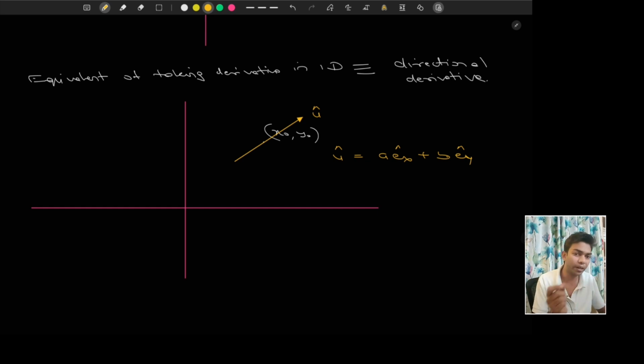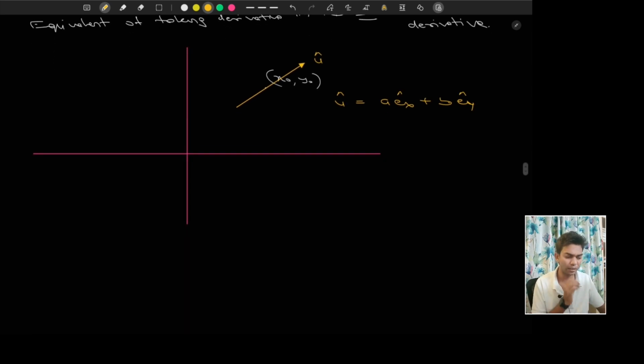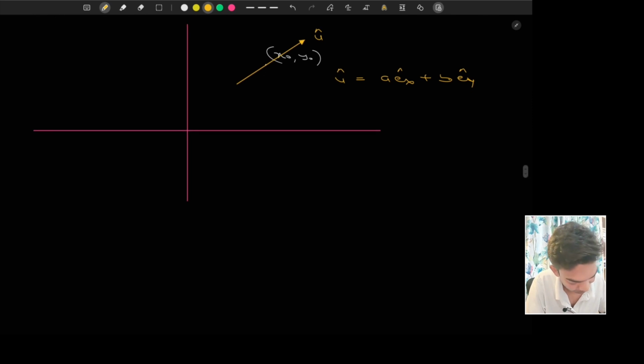They are unit vectors in the x and y directions respectively. Some people denote them by i and j, but I denote them by ex and ey, it's basically my notation. And the magnitude of u is 1, so the square root of a squared plus b squared is equal to 1.